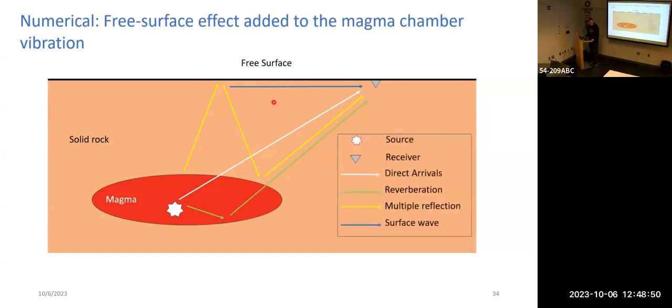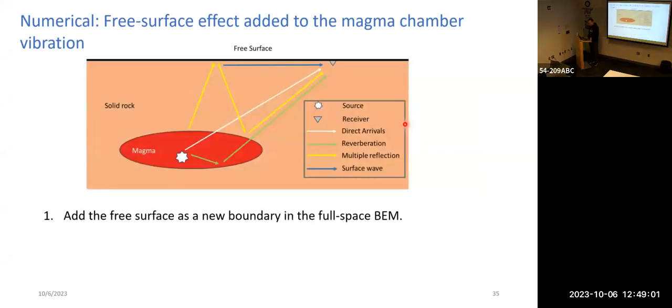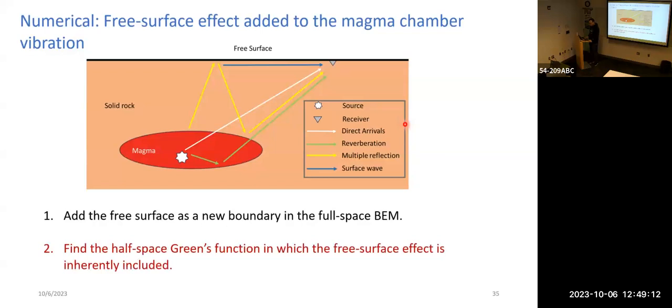And the full space boundary element can only handle the direct arrivals and the reverberation. But for the multiple reflections and the surface wave, I need to either add the free surface as a new boundary, which means the mesh number and the degrees of freedom will be increased, or I can find some way to directly calculate the half space Green's function, and in the half space Green's function, the free surface effect is already included.